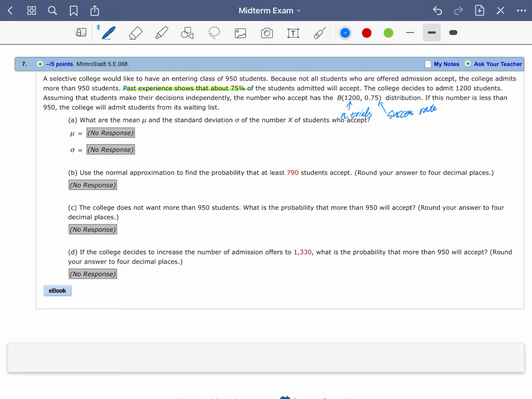For question A, what is the mean mu and the standard deviation of the number x of the students who accepted? So here, according to the formula, mu is the number of trials, oh, they use x here, times the success rate.